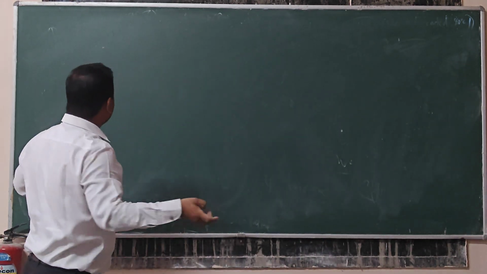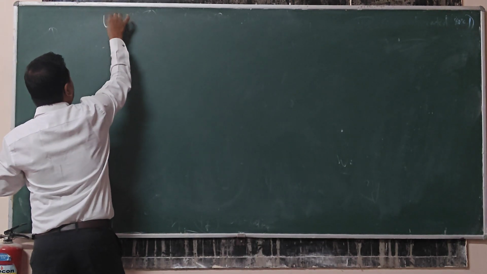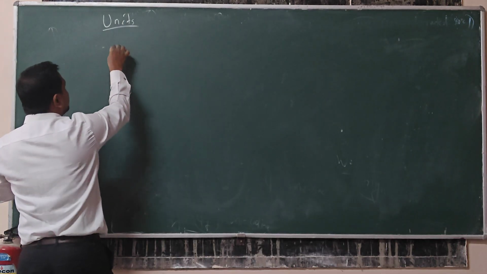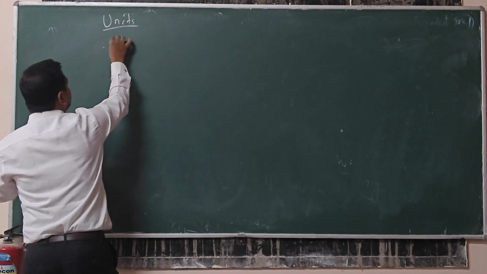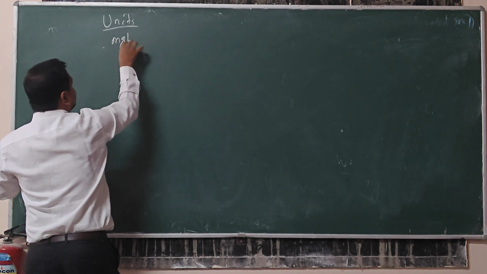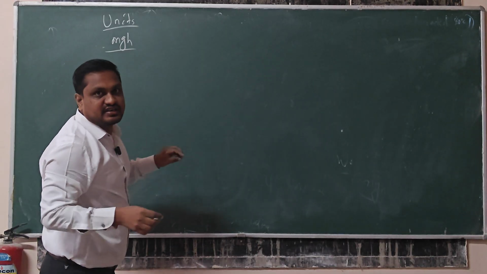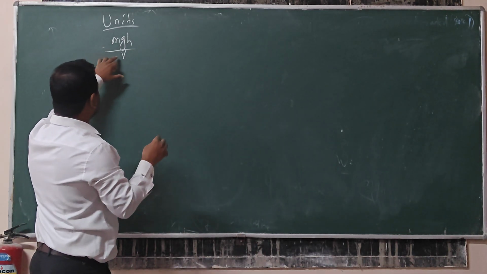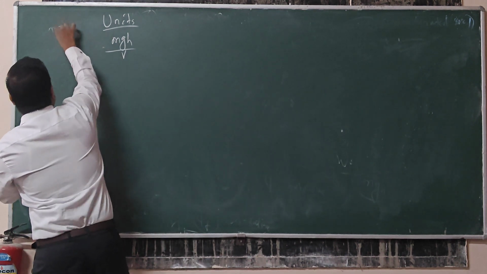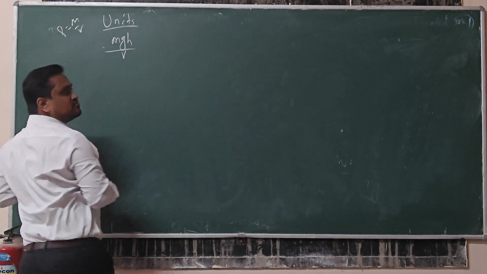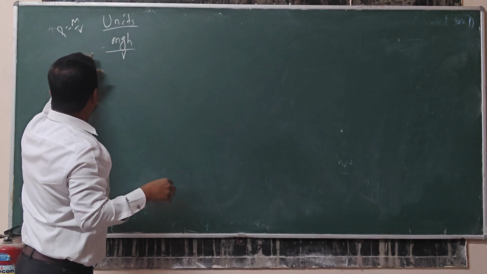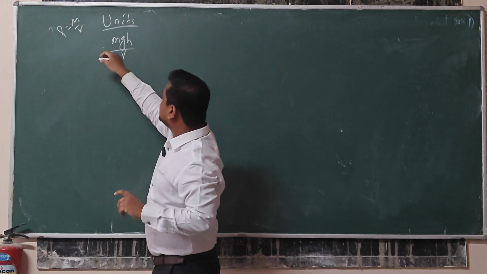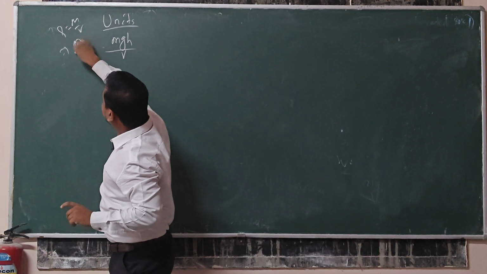If you see units of soil water potential, I have already expressed this in potential energy terms. So, energy per unit volume. Density equals mass by volume, so this equation becomes volume equals mass by density.